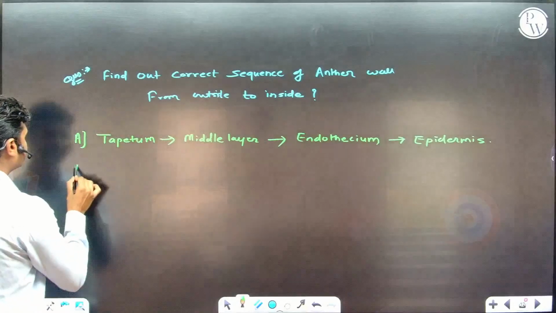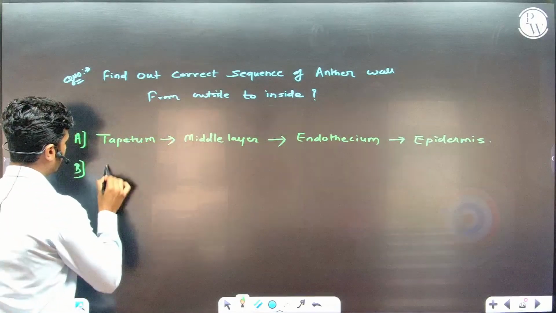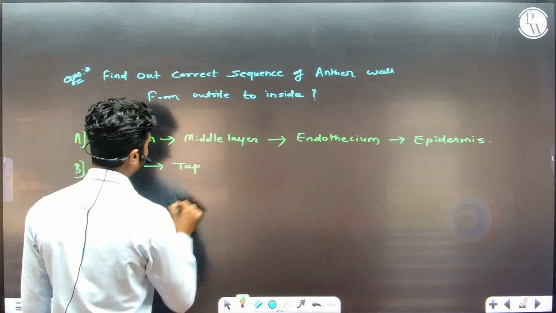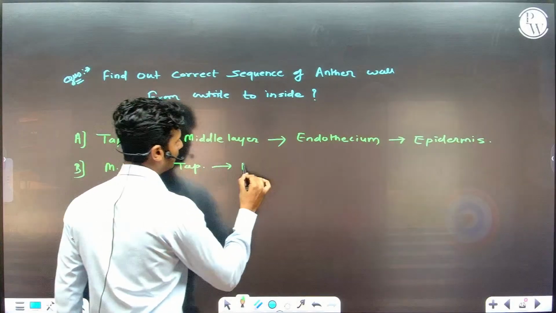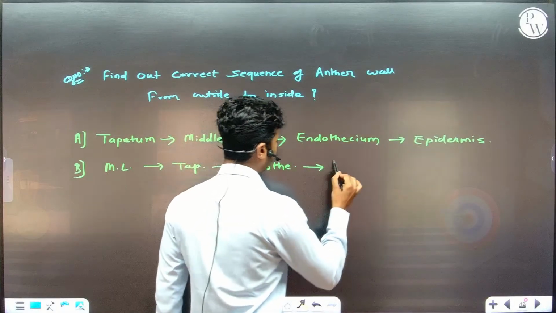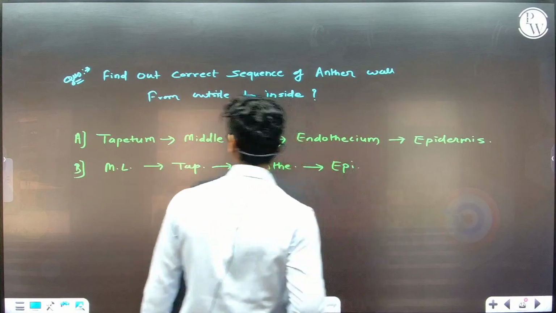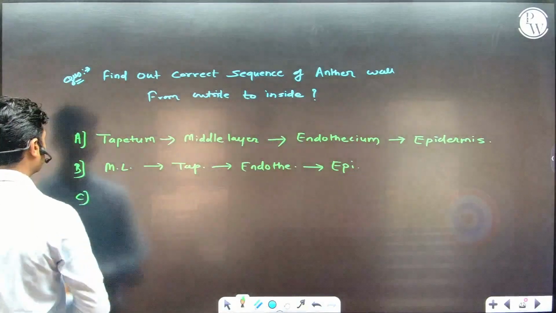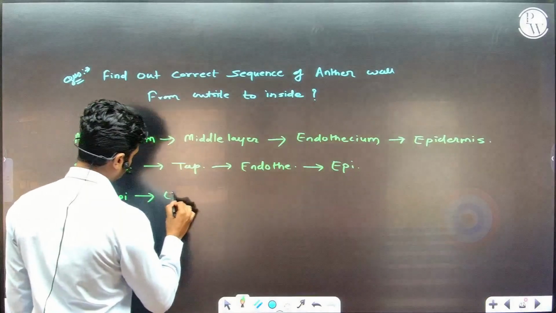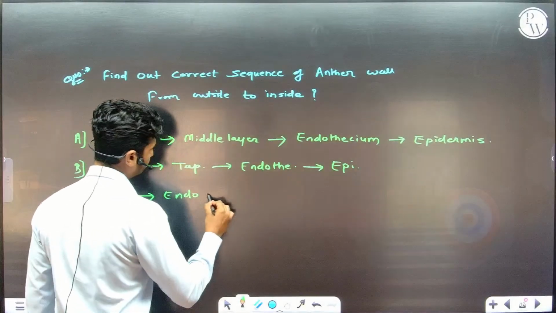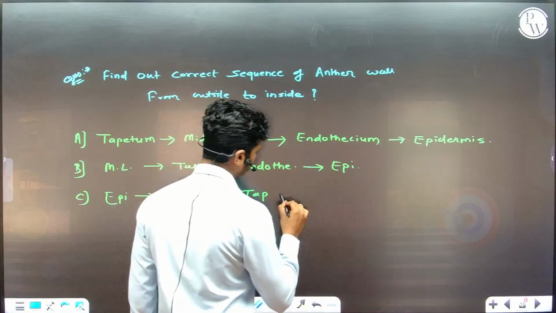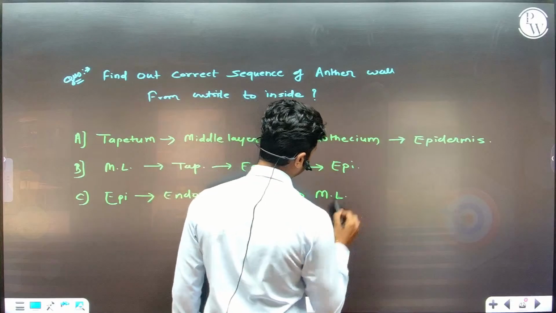Option B, middle layer, tapetum, endothecium, and epidermis. Option C, epidermis, endothecium, tapetum and middle layer.